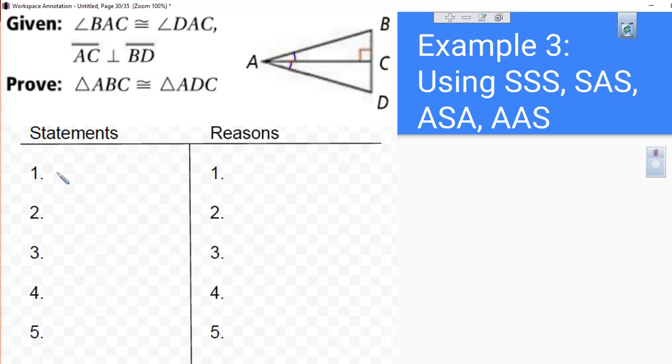So first thing I'm going to write here is our given statement, angle BAC congruent to angle DAC. We'll write given. Then we look at the second part, AC perpendicular to BD. Now once again, these don't have to all be in the same order.